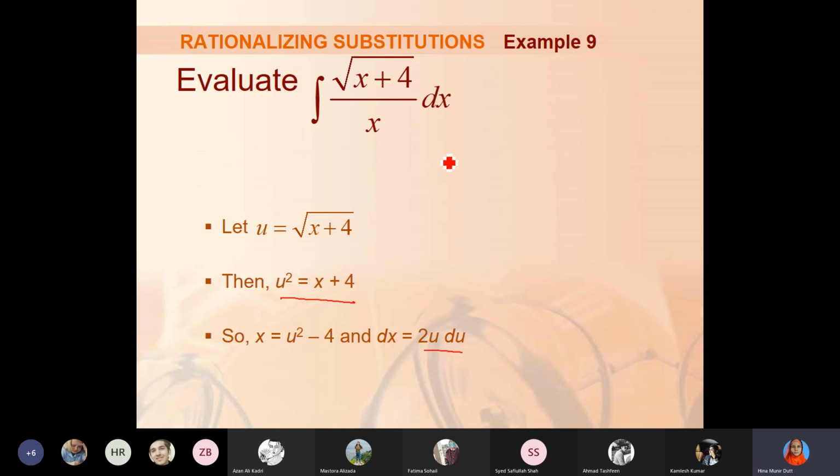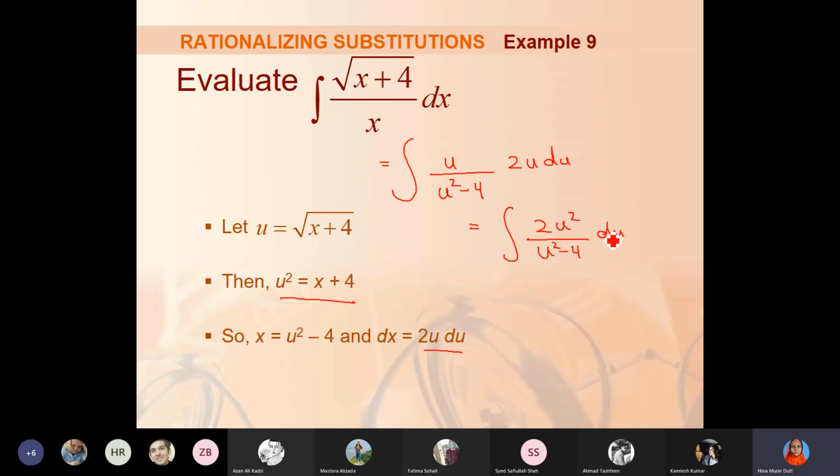Then this becomes u in the numerator, x is equal to u squared minus 4, and dx is equal to 2u du, which is now 2u squared over u squared minus 4.